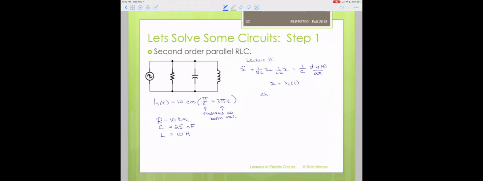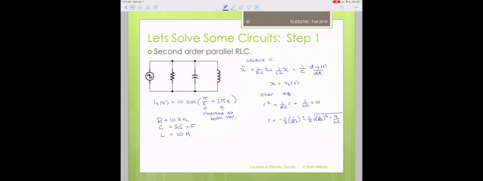From here, the characteristic equation simply looks like r squared plus 1 over RC times r plus 1 over LC is equal to 0. From that characteristic equation, we know that the roots are equal to negative 1/2 of 1 over RC plus or minus 1/2 of the square root of 1 over RC squared minus 4 over LC.